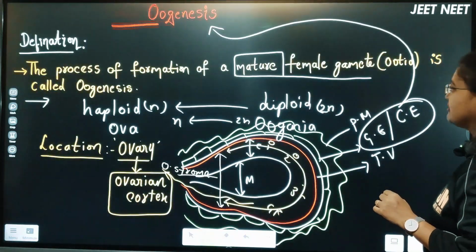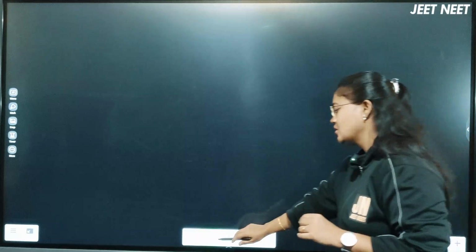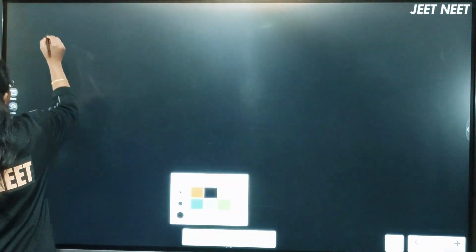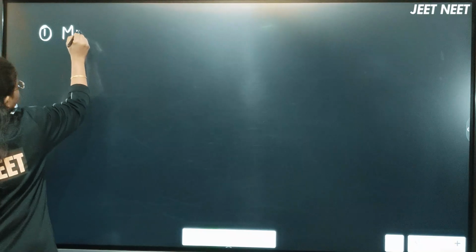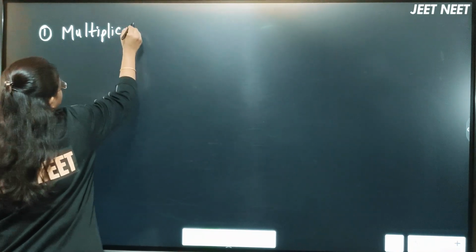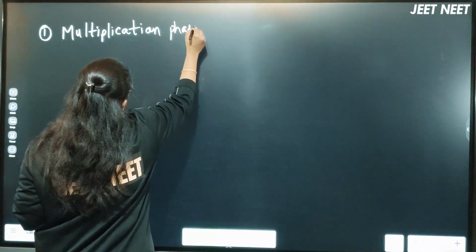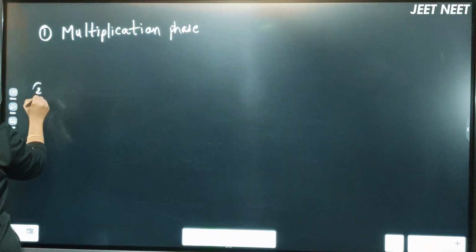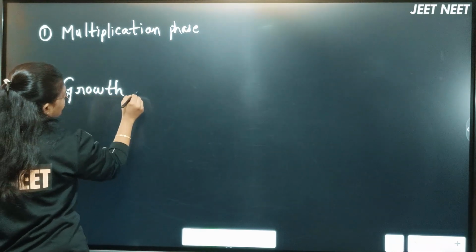Better I write it somewhere else here. Oogenesis process will happen in 3 phases. One is the multiplication phase. Second, growth phase.